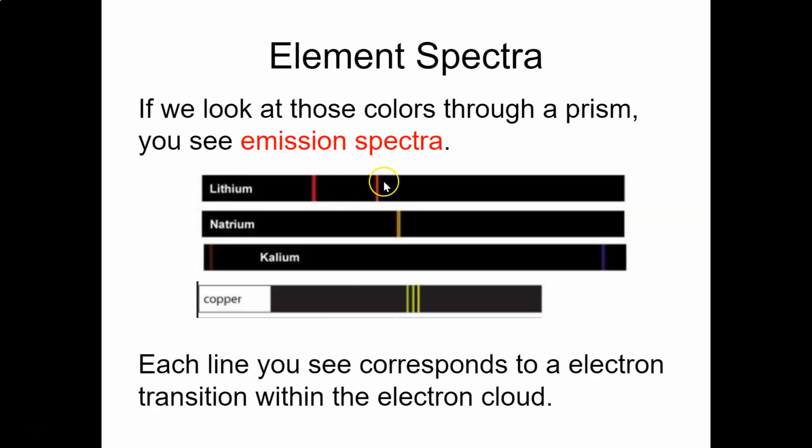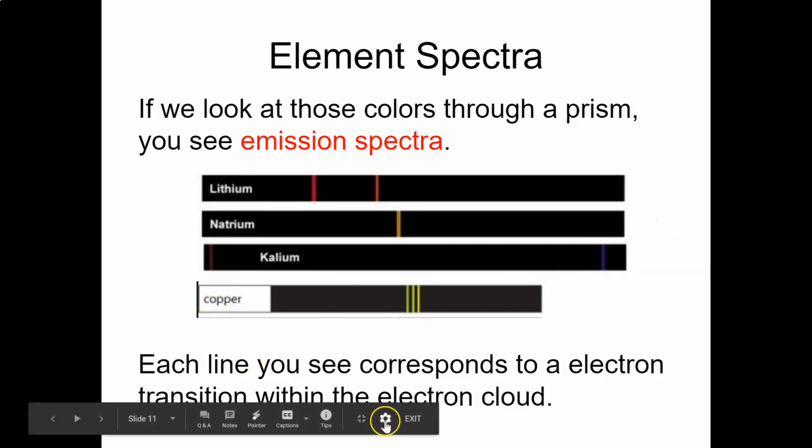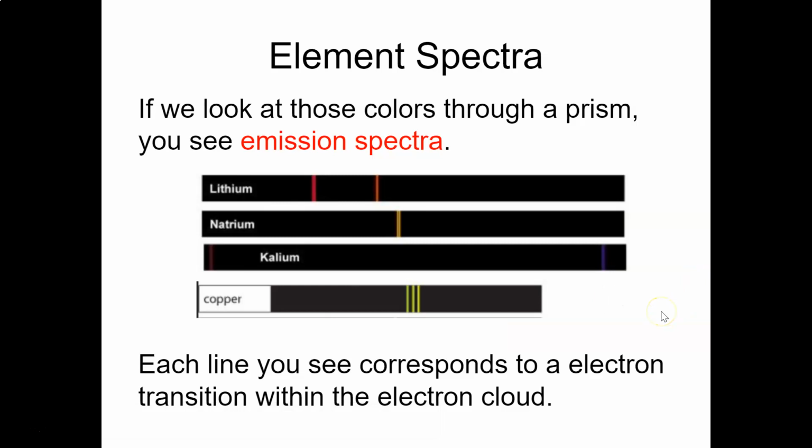So lithium looked red because look at the emission lines. There's an orange one and there's a red one. So it makes sense that overall it should look red. Sodium looked orange. Potassium looked purple. We've got a reddish line here and a purple line here, so you get a little bit of lavender. And then copper gave us a green color because we got yellows and greens in the emission spectrum of copper.